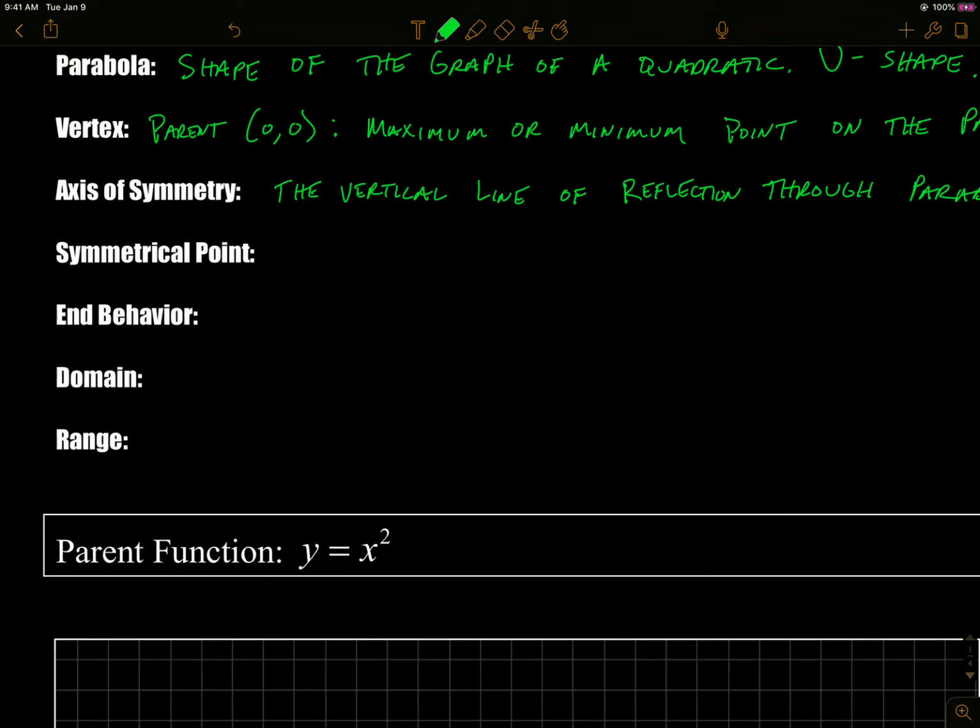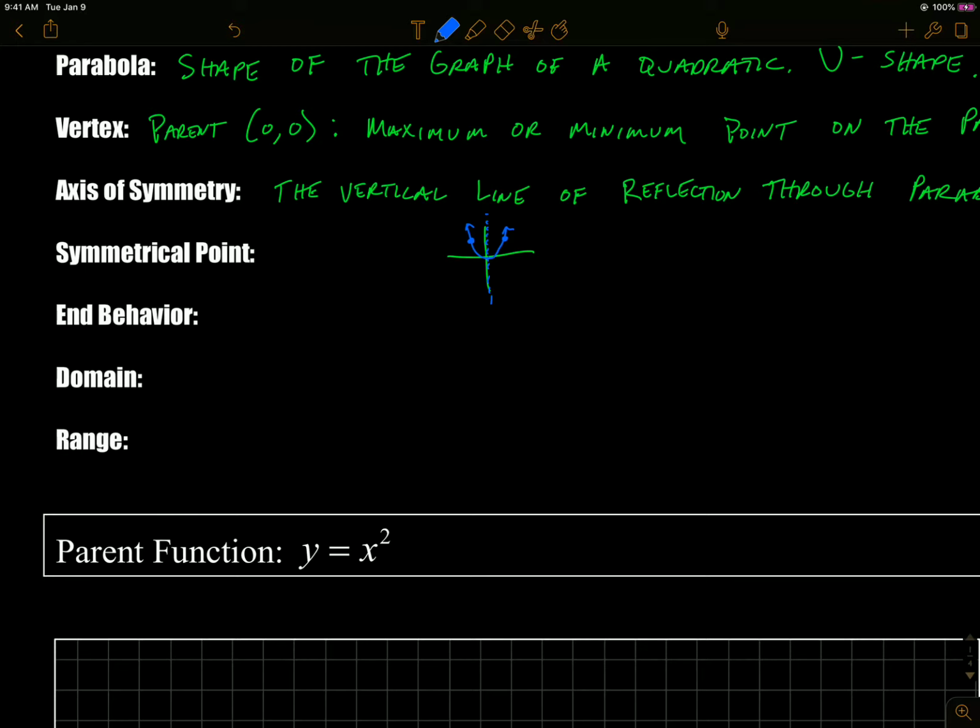Symmetrical point. So once we have our parabola and our vertex, here's a look at a graph. Let's say we're looking at the parent function. There's our axis of symmetry. A symmetrical point means if I have one point on one side at a height of, say, 3, on the other side of the parabola will be the sister point. That's the symmetrical point. So when you start graphing points, you don't have to plug in on both sides.